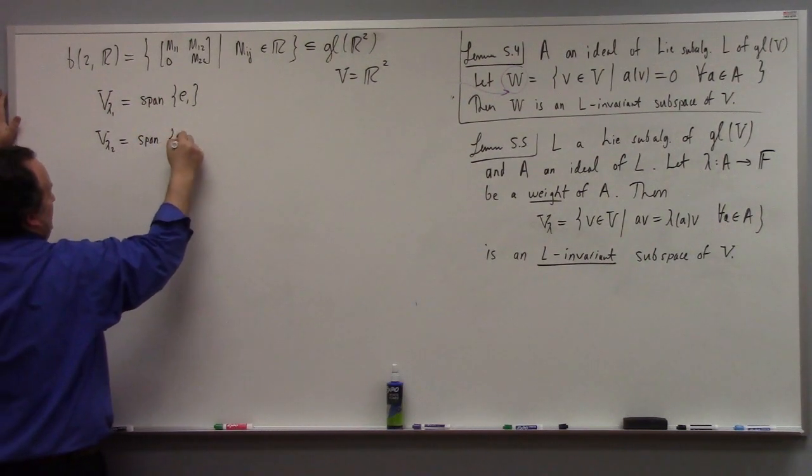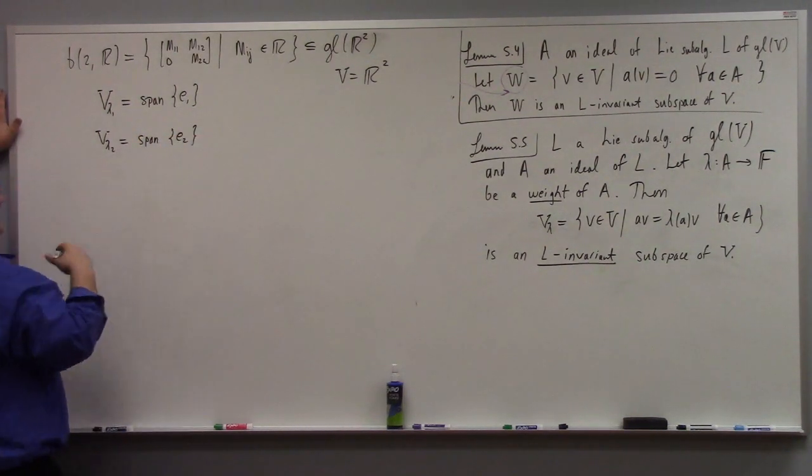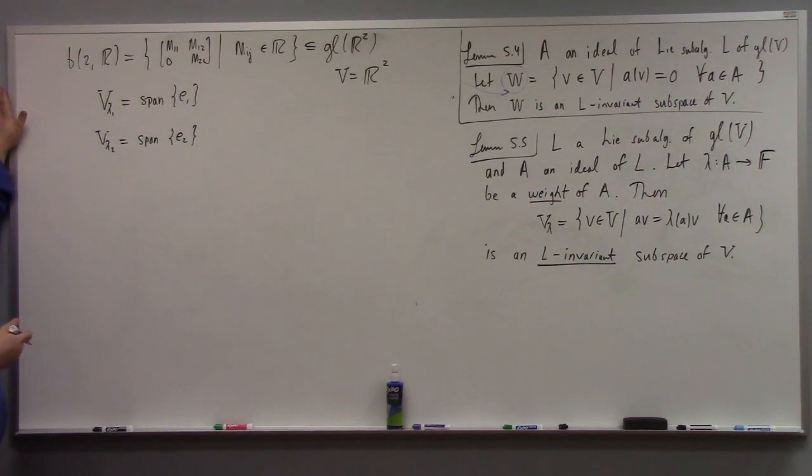I think that's just apparent, those are the common eigenvectors of all of the matrices of this type, unless I'm being too naive about this. You can't get more than 2 eigenvalues.